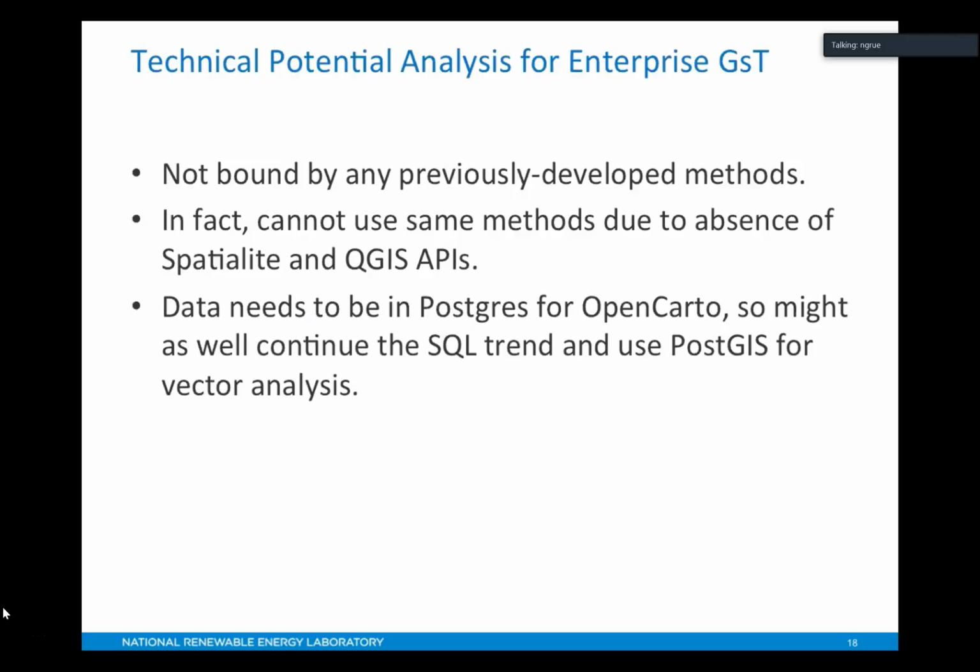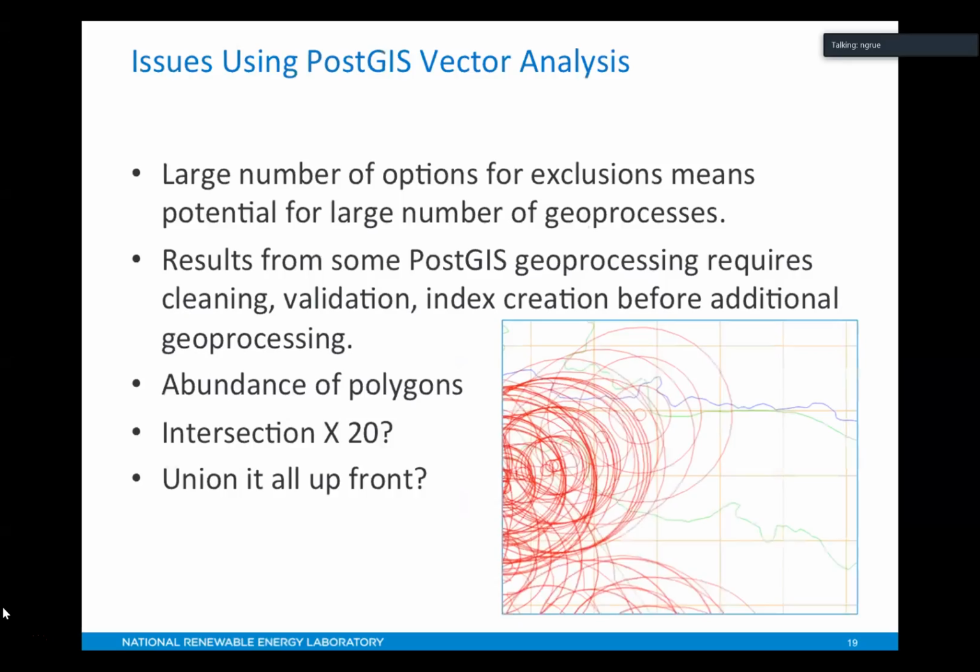And so since all of the data for these OpenCarto applications need to be in PostGIS, we thought we might as well just run the analysis there as well using PostGIS and just do typical vector analysis on PostGIS. And I'll preface this with saying that PostGIS is a very commonly used tool here in the GDS team, the Geospatial Data Science team, and it has enormous use.